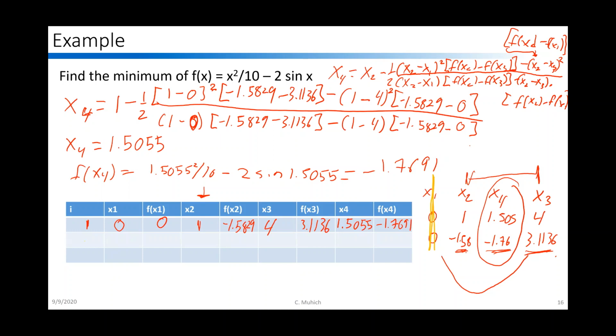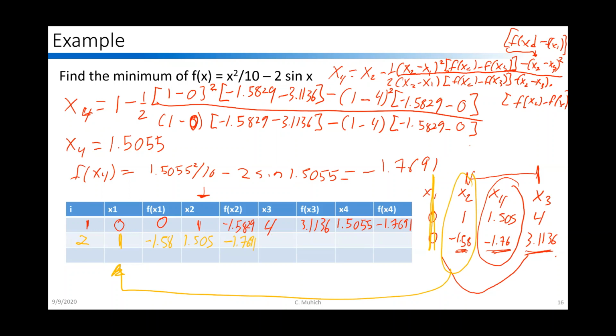So in the second iteration, we'll call it iteration 2, I can go through and set x2 to be our new x1. So I'm going to pull this down, so 1. We can preserve that negative 1.58 from the previous round. x4 is going to fit in there next, so 1.505, and we can preserve its negative 1.7691.